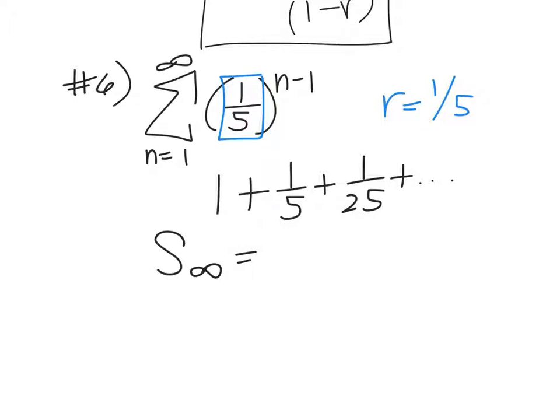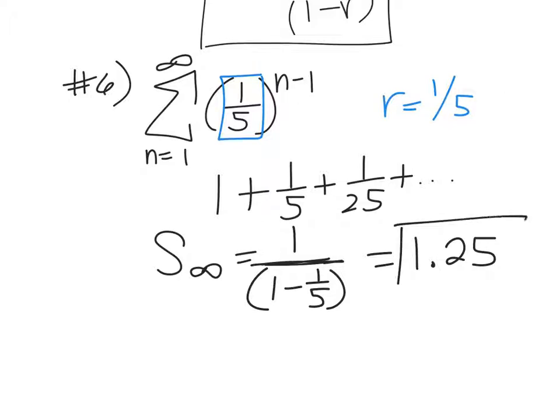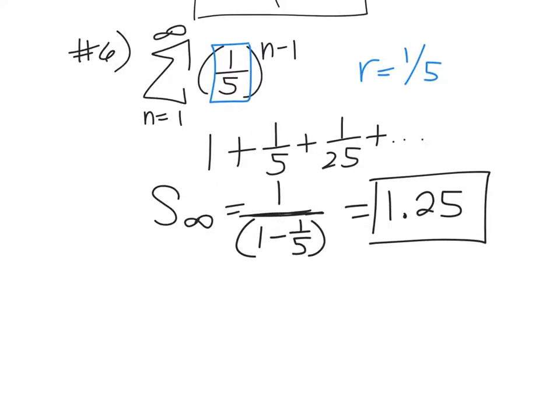When you plug in 1, the first term is 1, divided by 1 minus r. Put this in your calculator exactly like that: 1 divided by parentheses 1 minus 1/5, close parentheses. The answer is 1.25. Isn't that so cool?